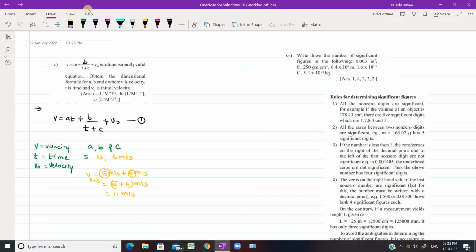Therefore, this given equation 1 is a dimensionally valid, dimensionally correct equation. It means that as on the LHS there is velocity, each and every term on the RHS of this equation, At, B upon T plus C, and V naught, has the dimensions of velocity.